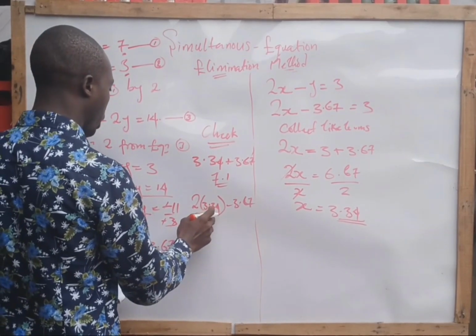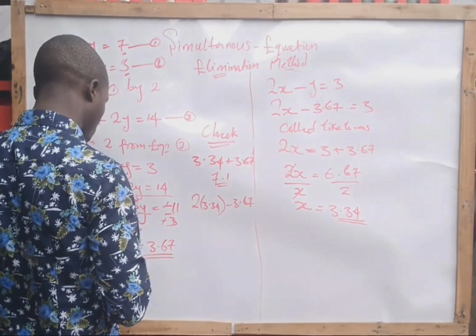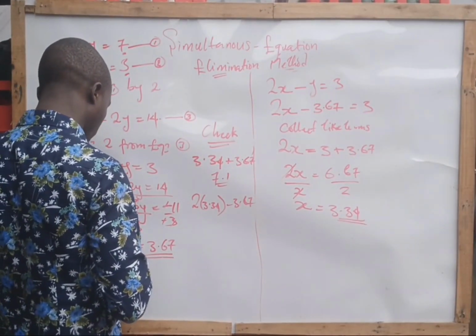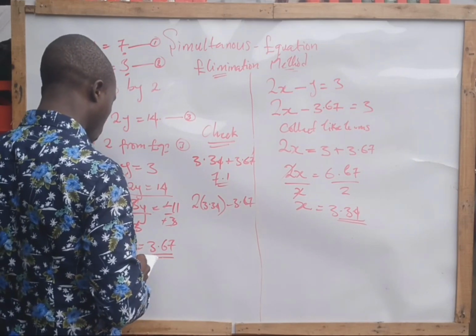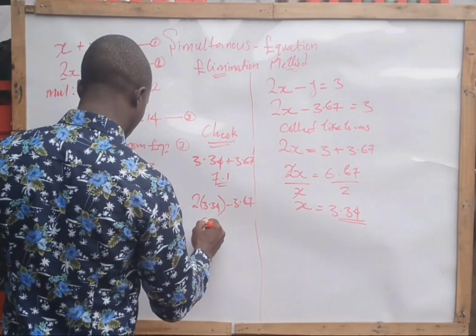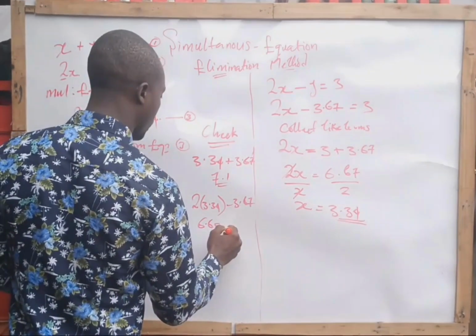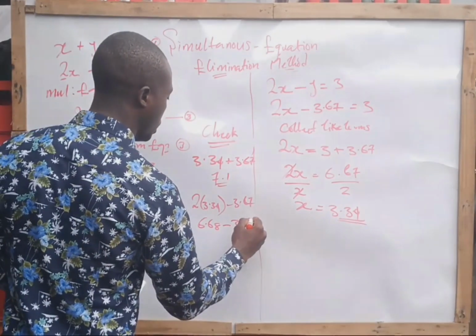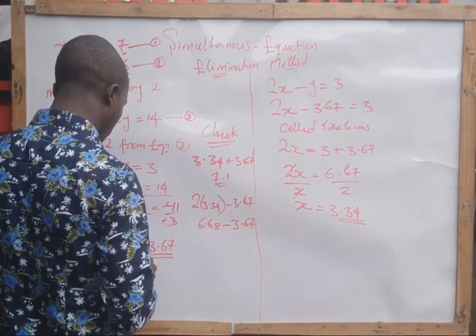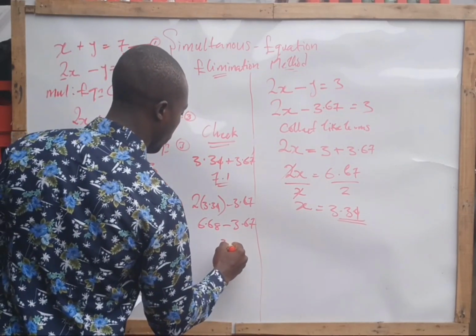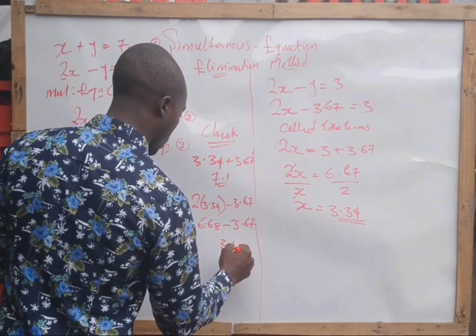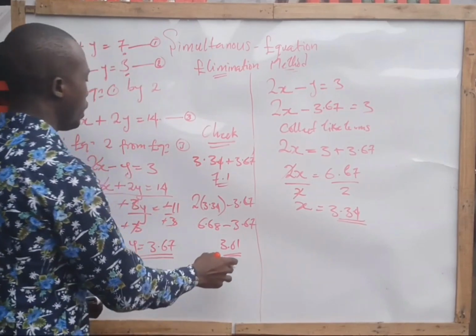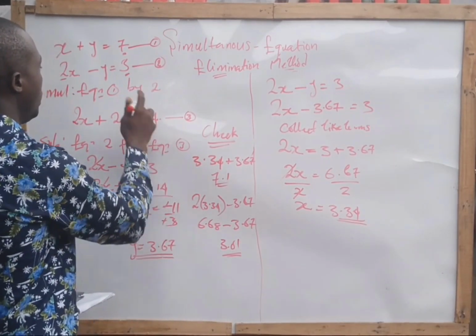By the time we multiply this, 2 times 3.34 will give us 6.68, minus 3.67, we have 3.01.